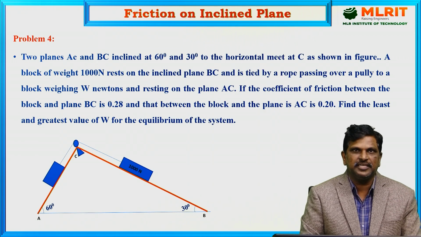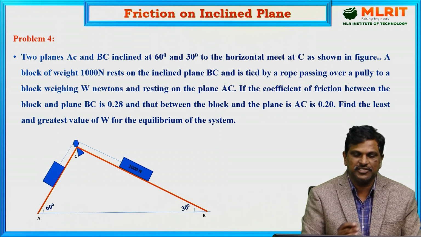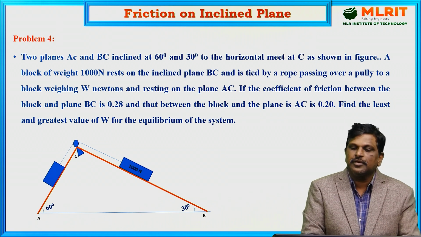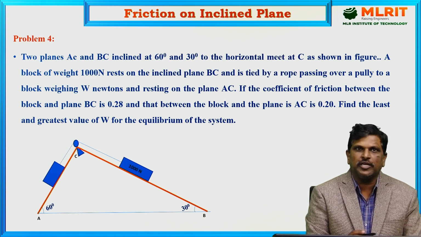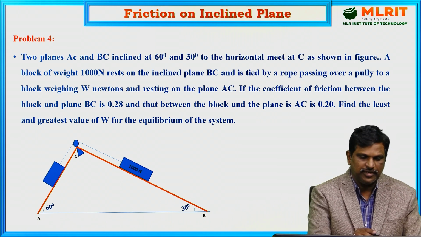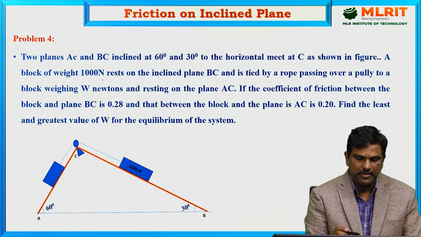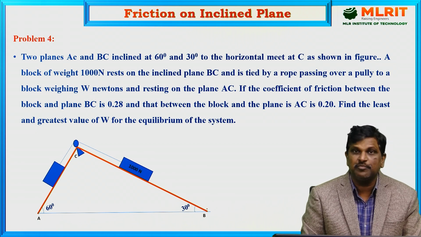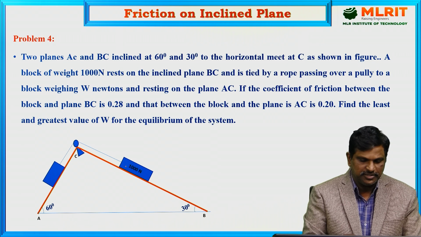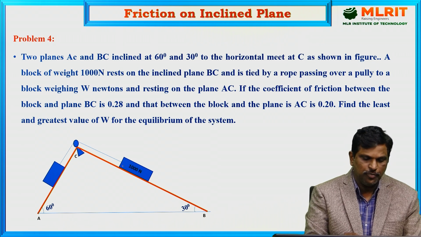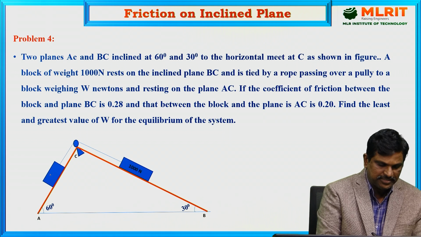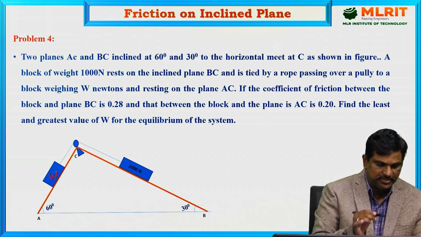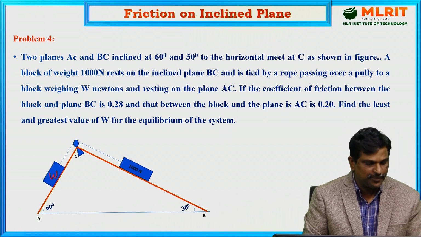Two planes AC and BC inclined at 30 degrees and 60 degrees to the horizontal, meeting at point C. Two bodies: one is 1000 newtons resting on plane BC, and it is tied by a rope and connected to another body resting on plane AC whose weight is W newtons.